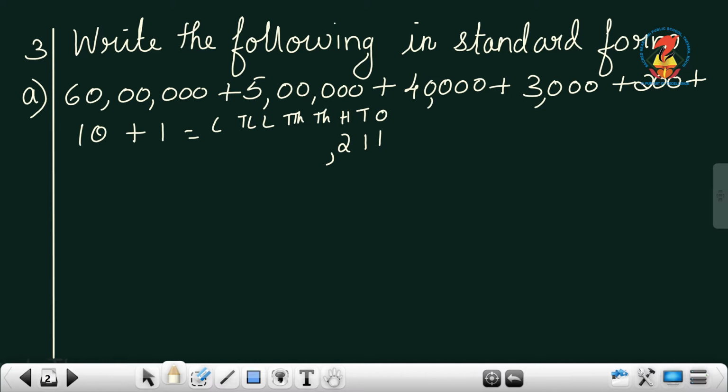Now after that, what you have? Thousands place. Thousands place, you have a number there, 3,000. So 3 comes over there. Then 10,000s. Here you have the number 40,000. 40,000 comes in the 10,000s place. So you have 4 over there. So with that we finished our thousands period. Put a comma.